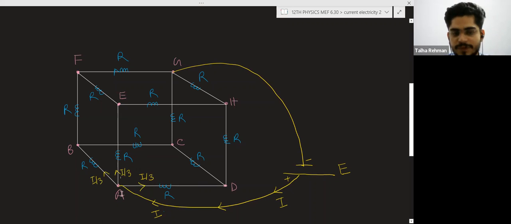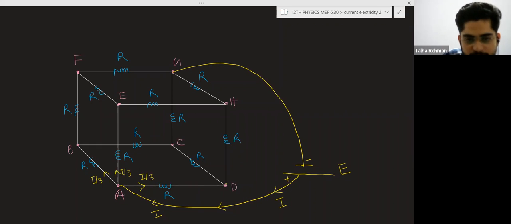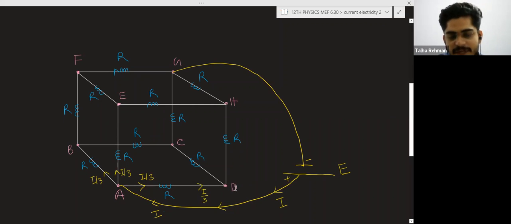So now we have just divided the current here. Now you are at this point A, and you can move from A to D. Here is a junction point again, and the current here is I by 3. Means in this AD the current is I by 3, and this I by 3 will again divide into two parts.